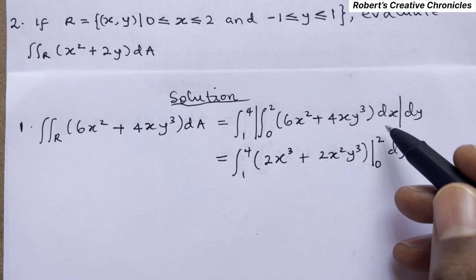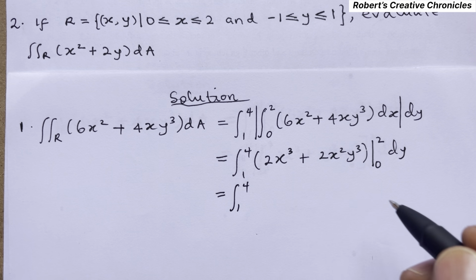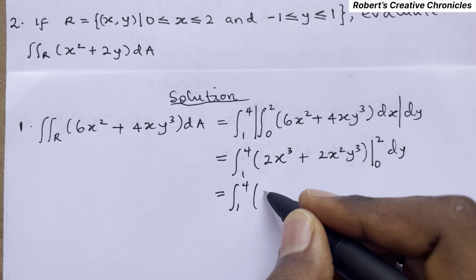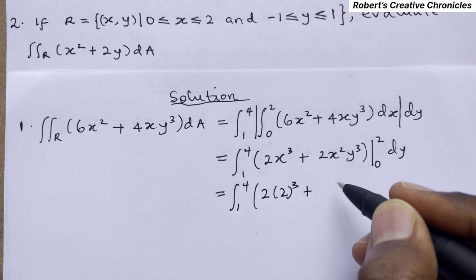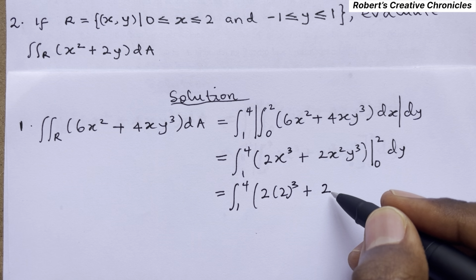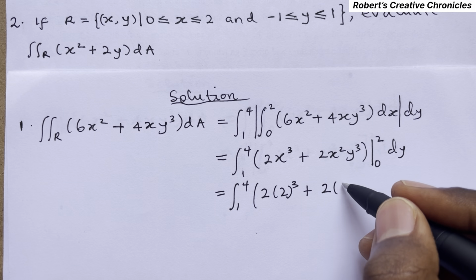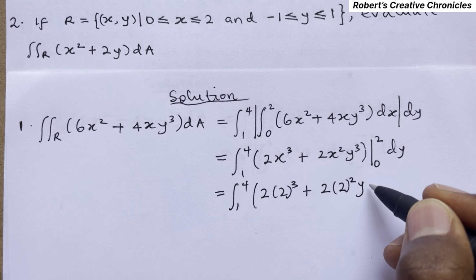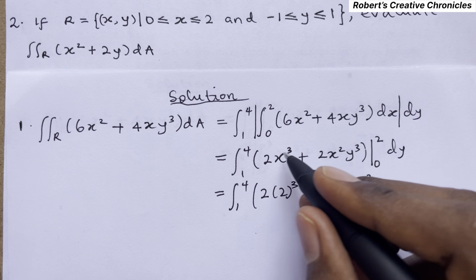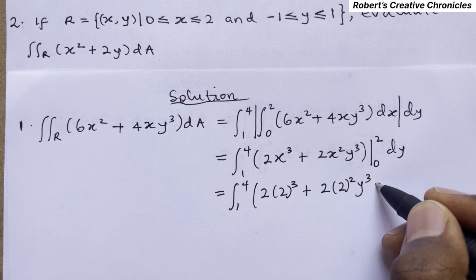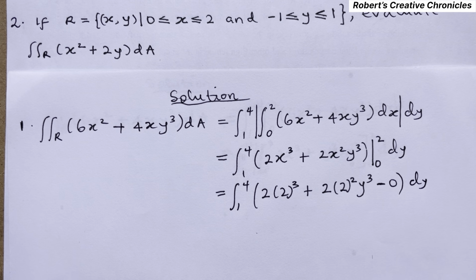Then now we'll substitute these two limits into it. 1 to 4. Then this becomes 2 cubed, times 2, plus 2 squared y cubed. If you substitute 0 here, everything will be 0, so it's minus 0. Then the y.